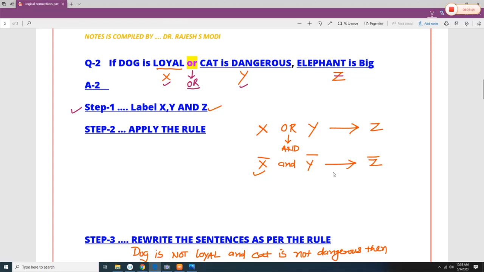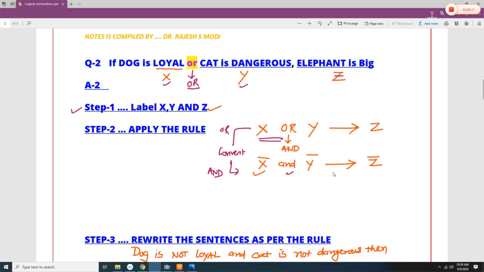Now when there is an OR connective, you have to convert OR into AND. So X or Y leads to Z. Instead of OR, you are putting AND. So X bar and Y bar leads to Z bar.